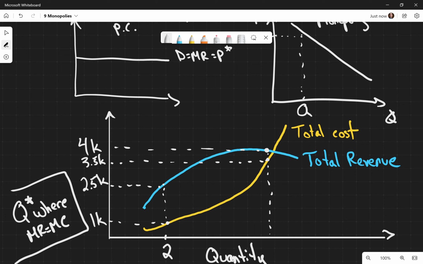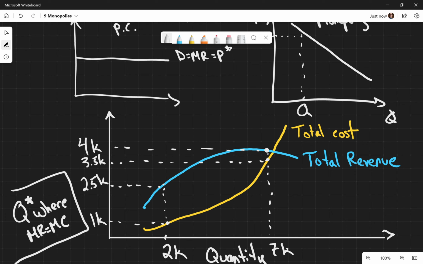So you're only going to be making half a thousand at high quantities, and 1.5 thousand at low quantities.